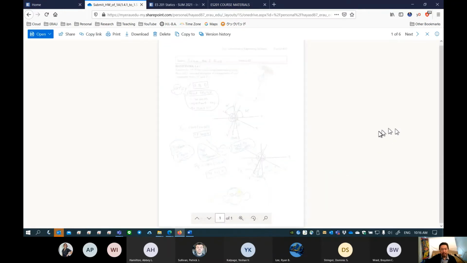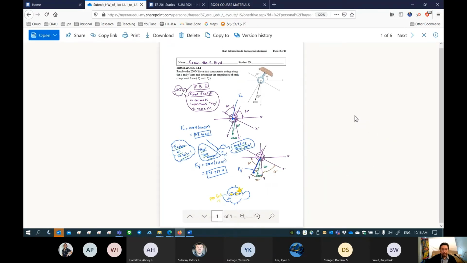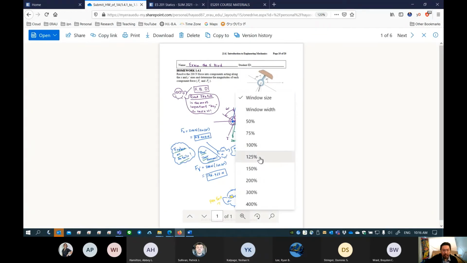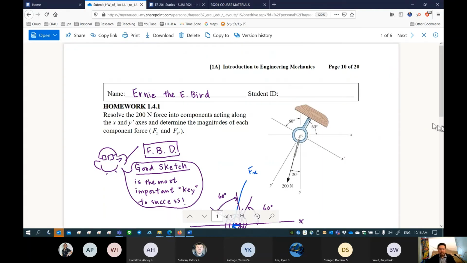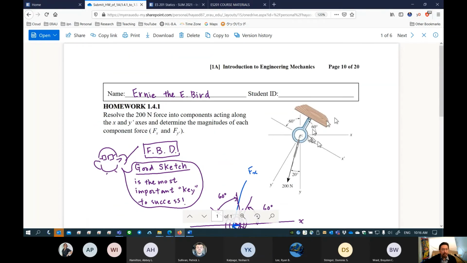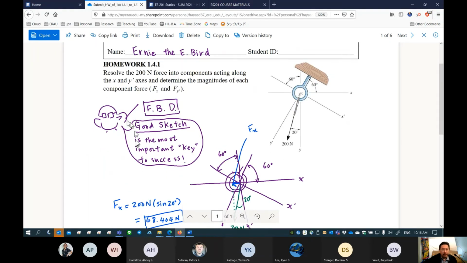This is Embry-Riddle's mascot. Ernie did the homework. Oops. Zoom. 125%. Okay. So this is Embry Riddle's mascot, Ernie the engineer bird. And then he is like my avatar. Do you know Avatar?